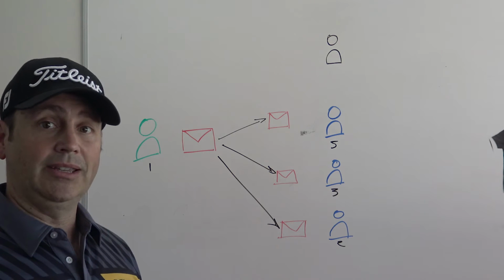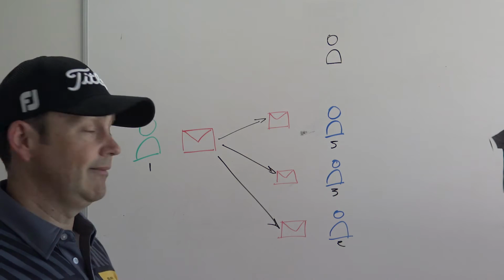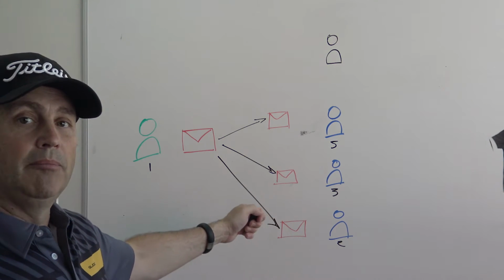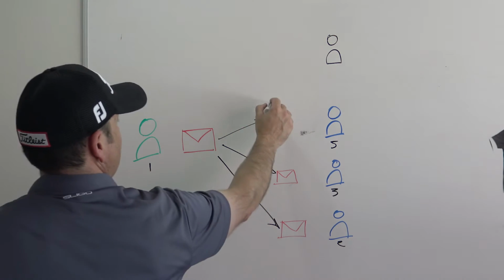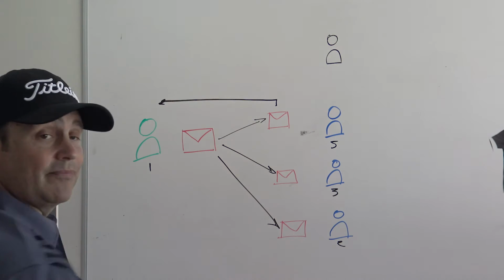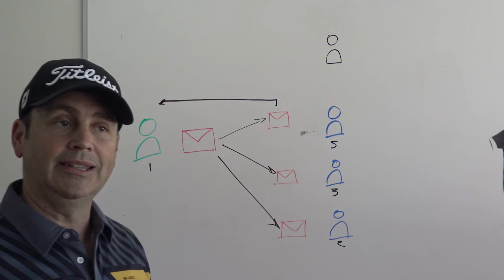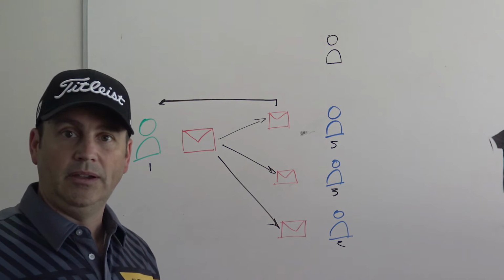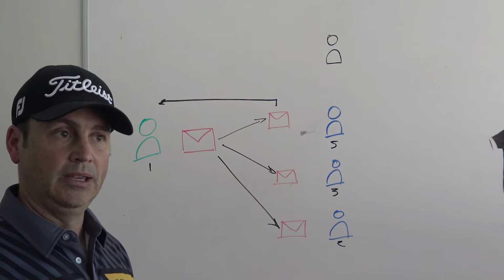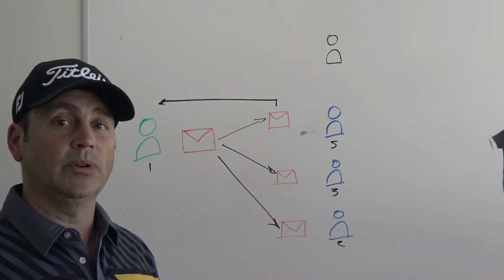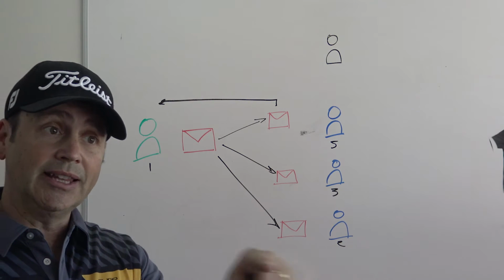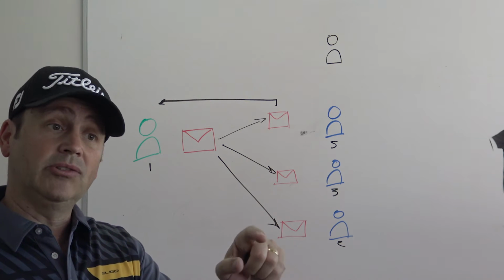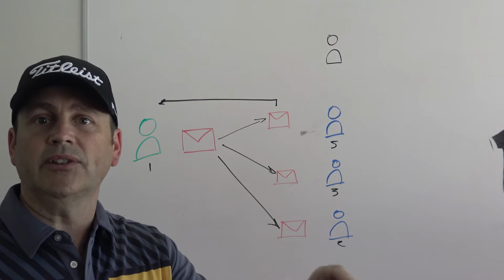This is where things start to get a little complicated. This seems pretty easy. But what if Bill replies back to you with a message and says, hey, I'm really interested in that item in the photo that you sent. And let's say you're not real familiar with the email that went out, so you look through the email and see a link and say, oh, I'll just click on the link, I'll see what he's looking at.